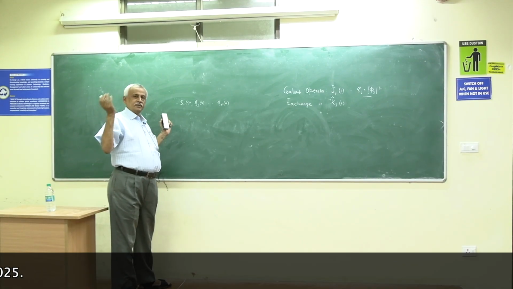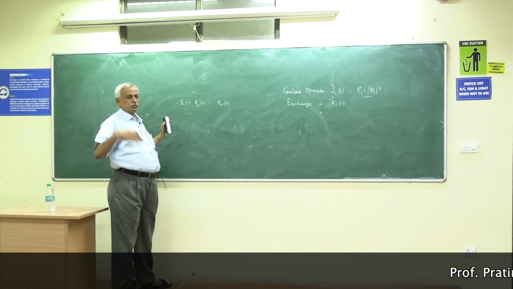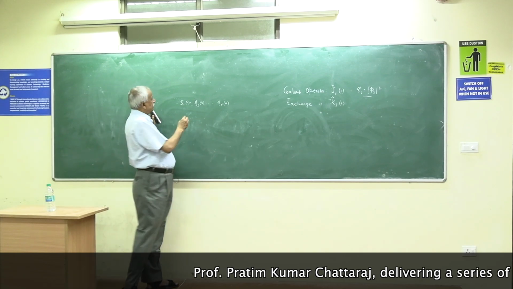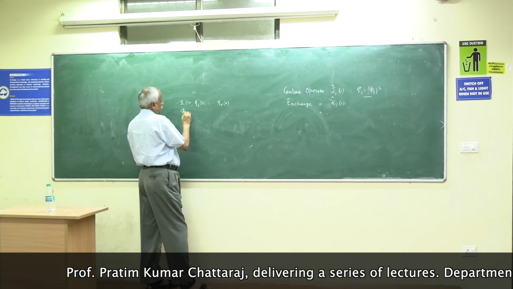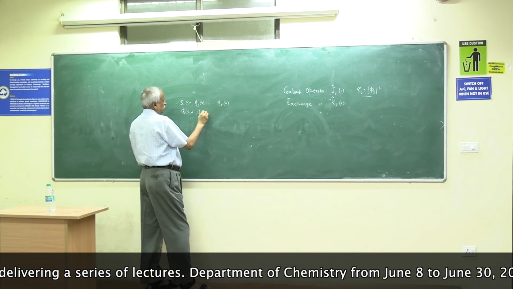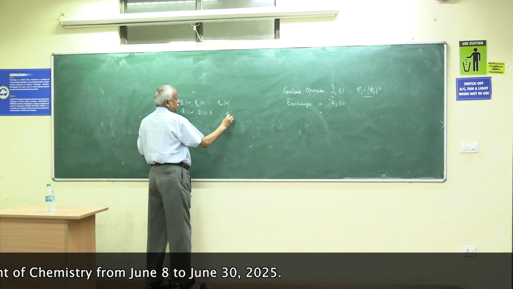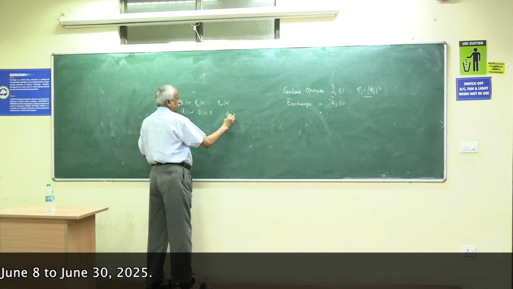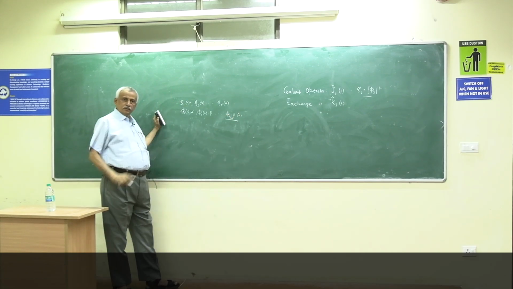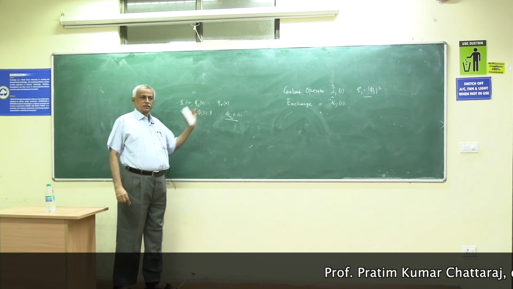As in the case of Hartree theory, we started originally with the hydrogenic orbitals, then we improved upon it by incorporating, in an average way, the electron-electron repulsion. Here, this would be like your phi 1,1 into alpha, then phi 1,2 into beta, and so on. Ultimately it goes up to phi n by 2 into beta, of the nth electron. That is the way you can start, and these phi's are your hydrogenic orbitals like 1s, 2s, 2p, etc.